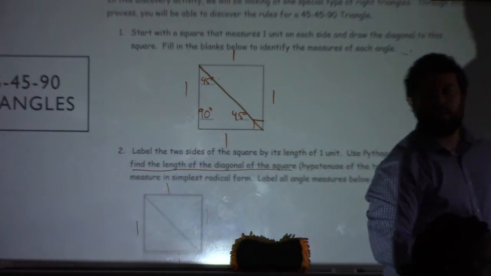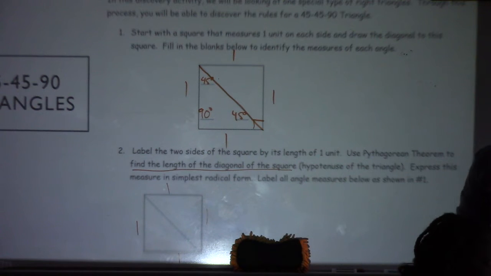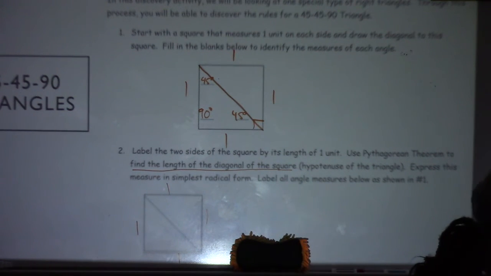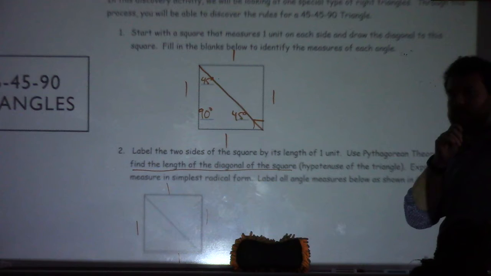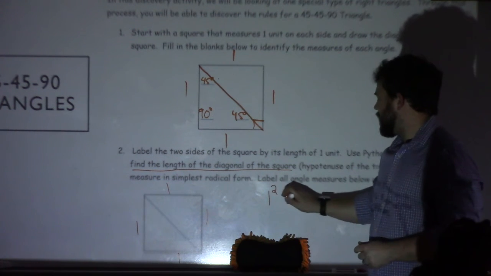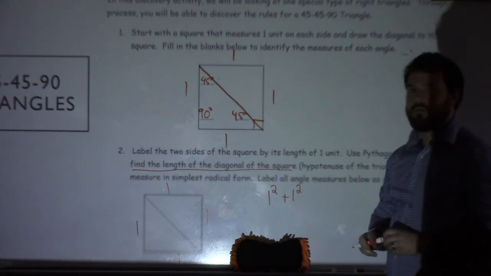Alright, did y'all figure out what the length of that diagonal is? No. How did you get it started at least? What'd y'all start with? I did 1 squared plus 1 squared. There you go, equal to c squared.